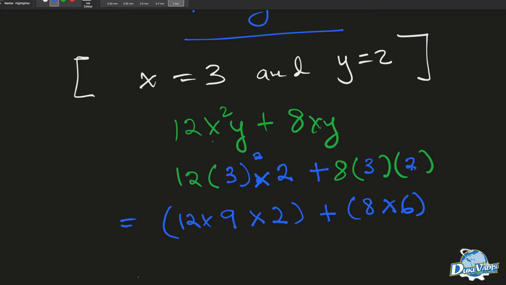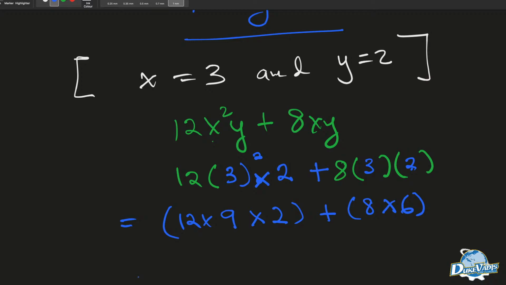Okay, then we do our calculation. We know 12 times 9 times 2. Let's see what we get. Use your calculator and let me see how quick you can get an answer for me.